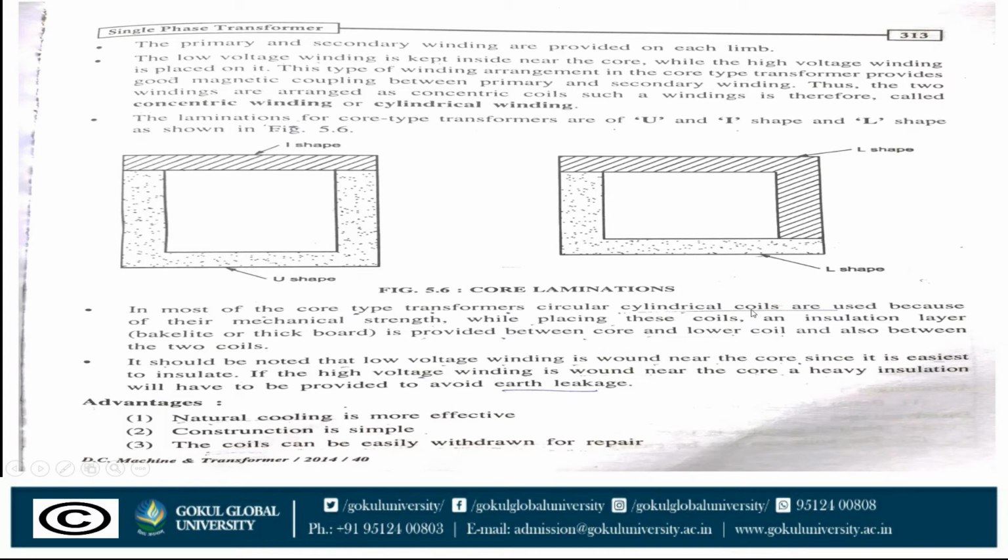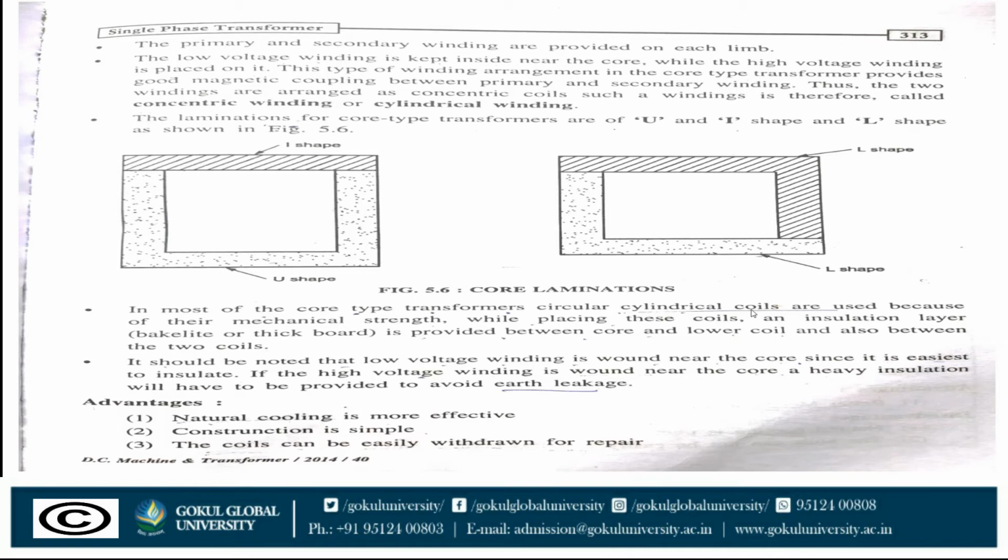While placing these coils, an insulation layer is provided between core and lower coil and also between the two coils. It should be noted that low voltage winding is wound near the core since it is easiest to insulate. If the high voltage winding is wound near the core, a heavy insulation will have to be provided to avoid the earth leakage.